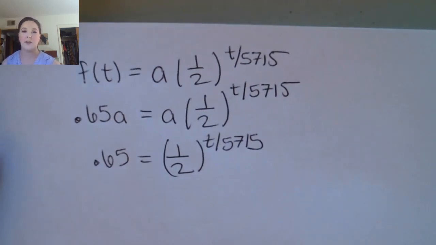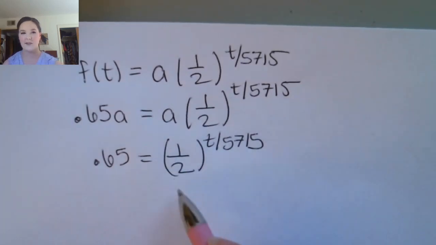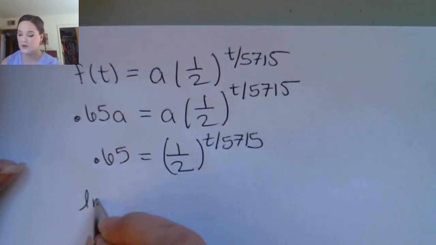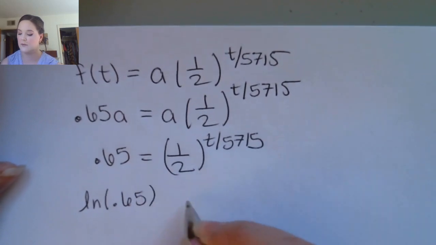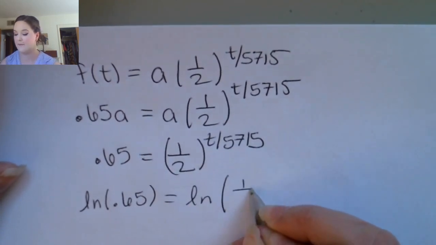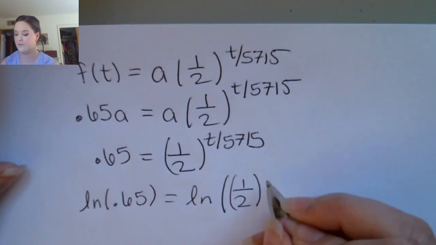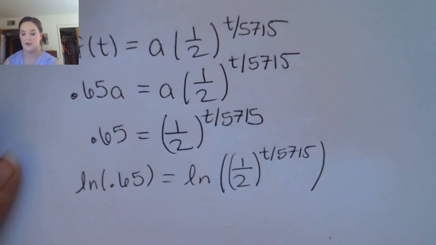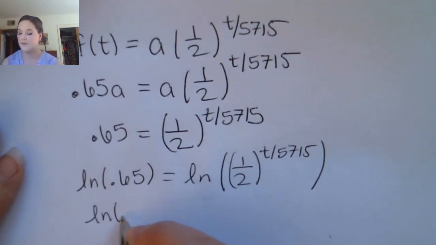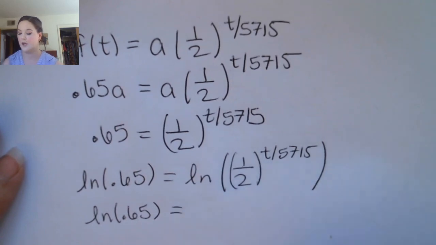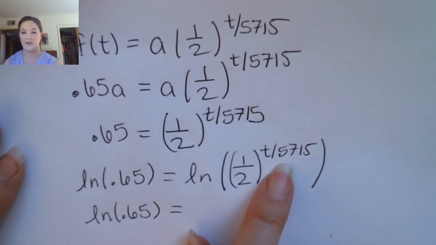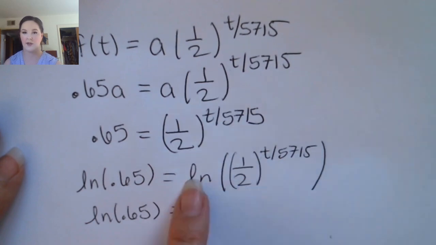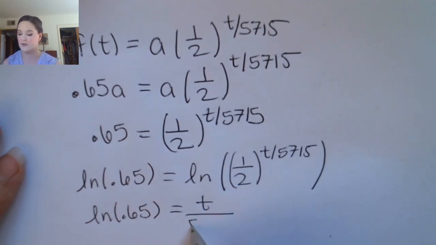Now that we have that isolated, again, because this base is less than 1, we don't really want to use log base 1/2. So we're just going to use log base 10 or natural log. This time I'll use natural log just for variety. So this is just a number, we're going to leave that. And over here, I'm going to use the exponent rule about logs to bring this out as a coefficient.